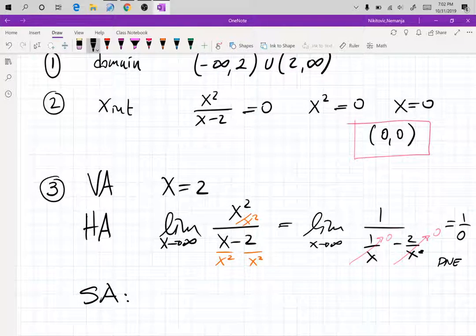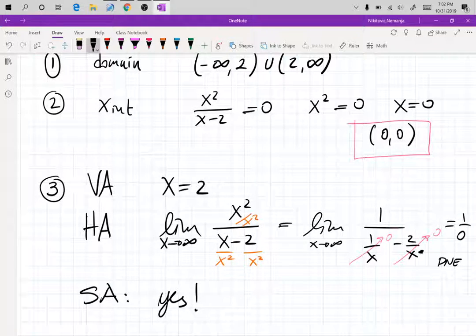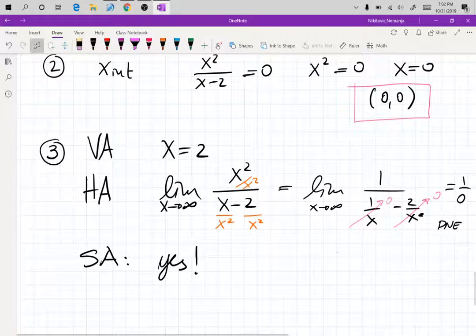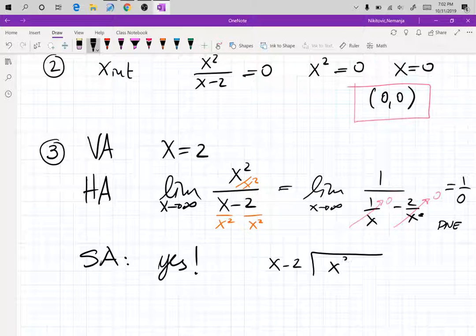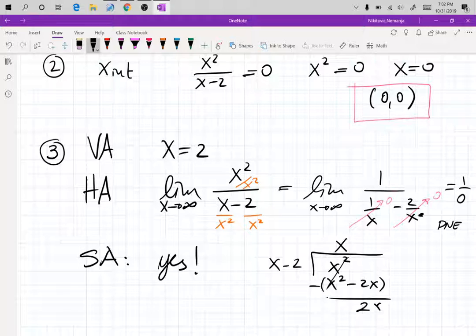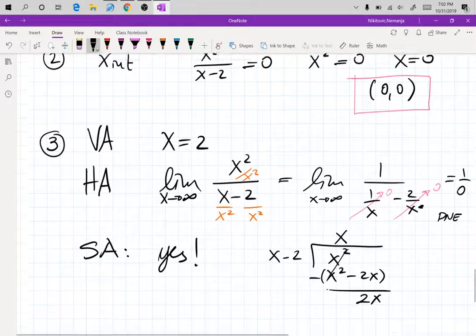So the horizontal asymptote does not exist. Slant asymptote, yes. And how do we get this? Long division, beautiful. That's x minus 2 divided into x squared. It goes x times. When you multiply back, you get x squared minus 2x, and then you subtract. These cancel. You get the 2x.